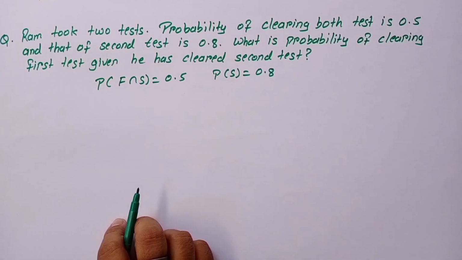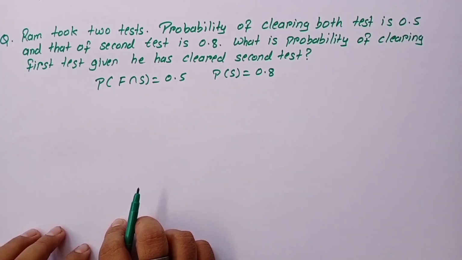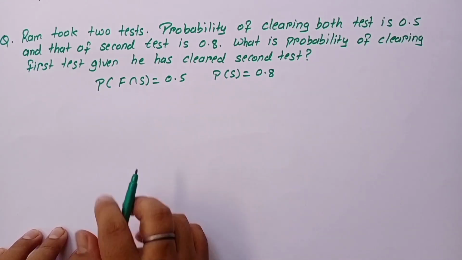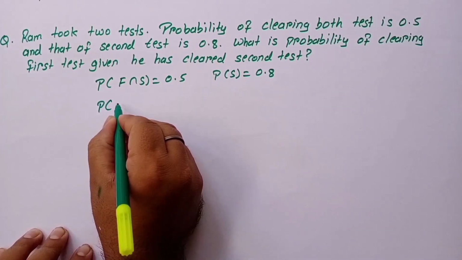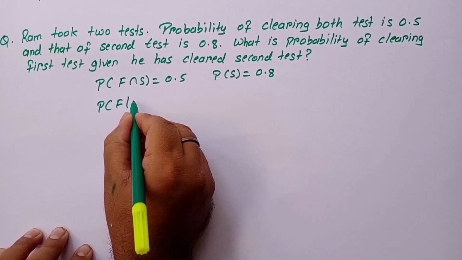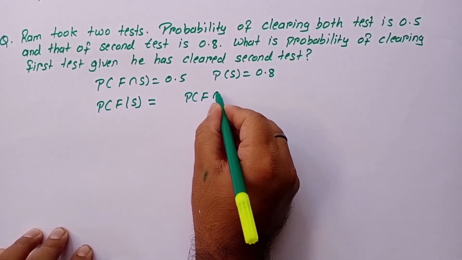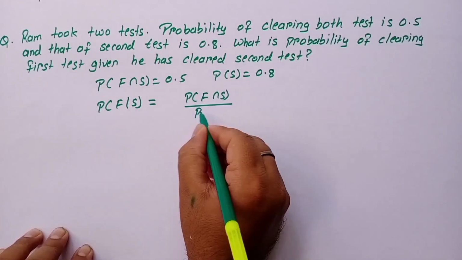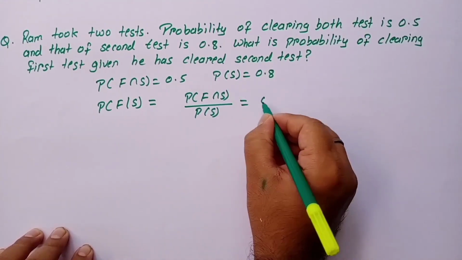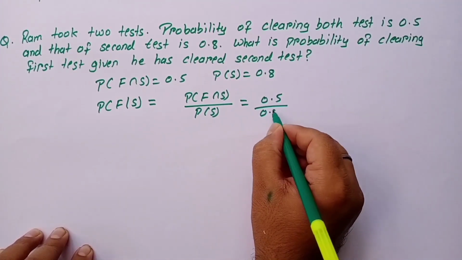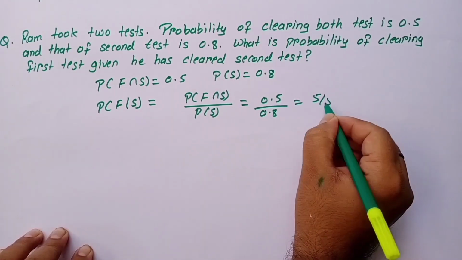So we have to calculate the probability of first under second, which is the probability of first and second divided by the probability of second, that is 0.5 by 0.8, which is 5 by 8.